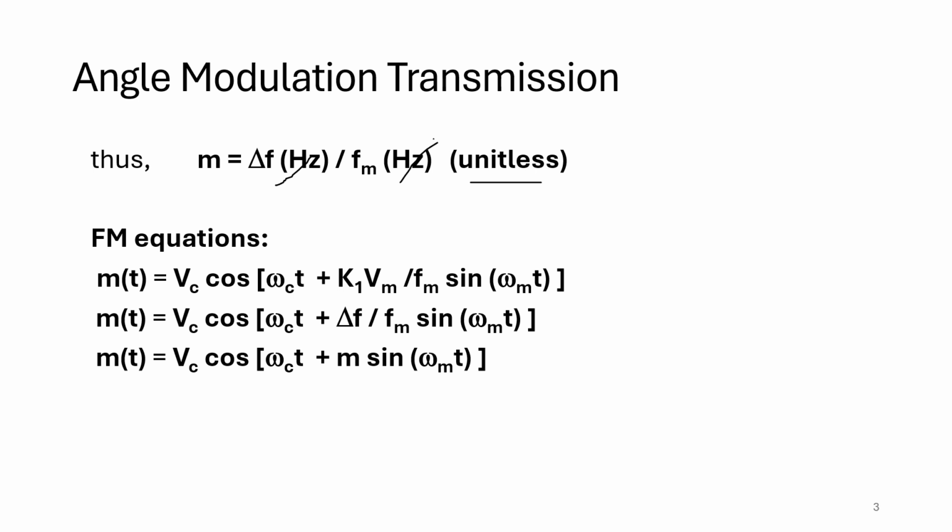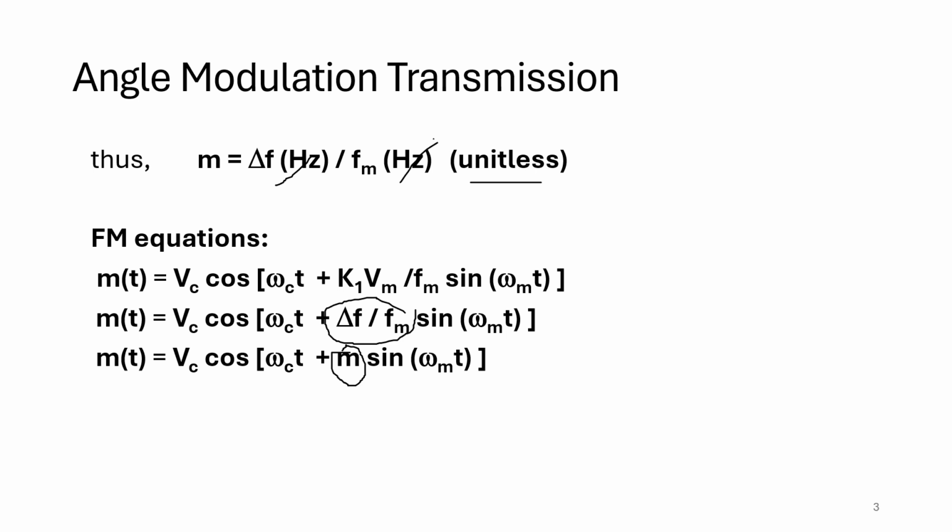For the equations, likewise, we can represent FM using the deviation sensitivity, which is K1. We can also represent that in terms of the frequency deviation divided by the modulating frequency fm, which is our modulation index.